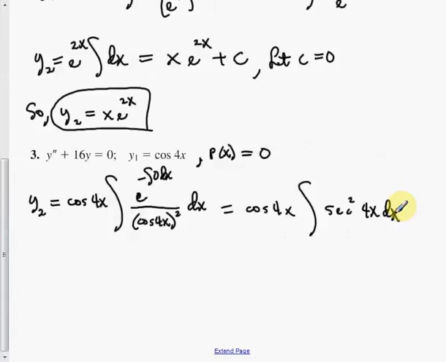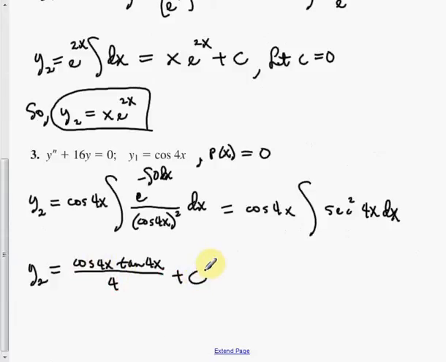Anyway, what's the integral of secant squared x? The derivative of something gives you secant squared, so the integral of secant squared is that antiderivative. What is that? Yes, the derivative of tangent is secant squared. So here, y sub 2 is equal to cosine 4x times tangent 4x all over 4, plus c.